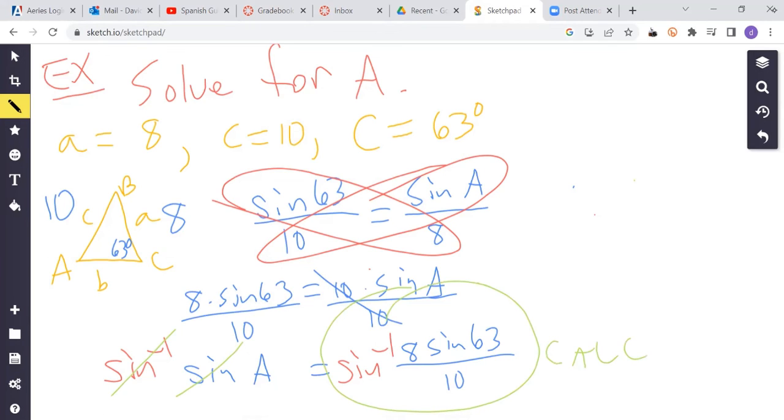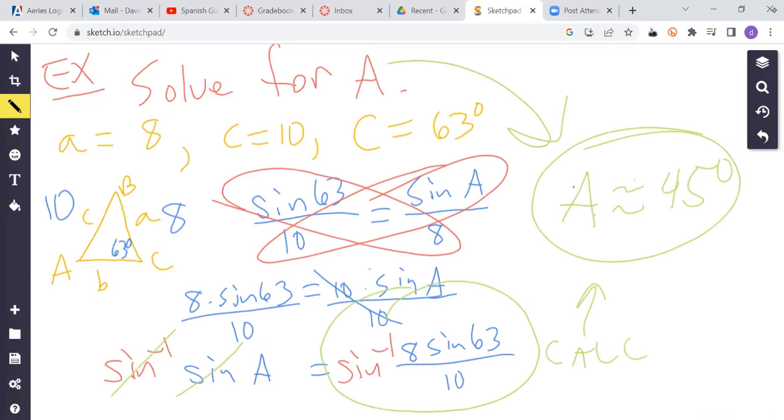I believe I typed it in here just a moment ago, and I got about 45 degrees. So on a calculator, I get that A is something close to 45 degrees or so. And that was the goal, to find capital A. This was a brief video, I know, but it quickly recaps the law of sines.